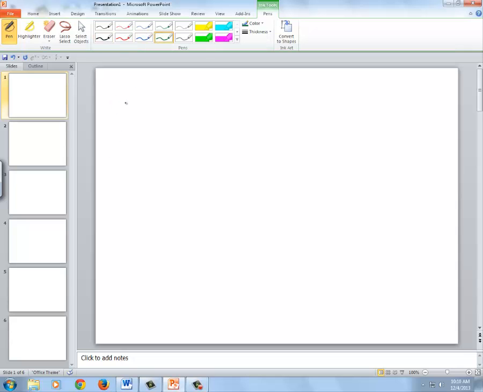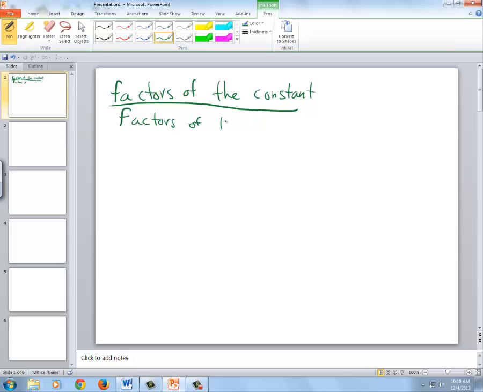The rational zero test, as a refresher, we had the factors of the constant over the factors of the coefficient.